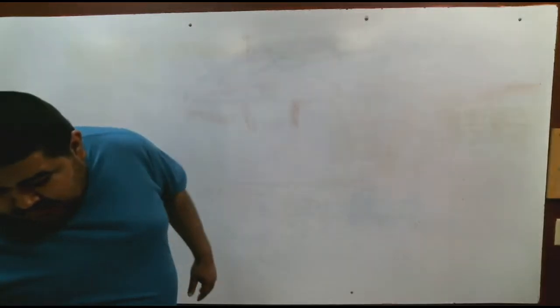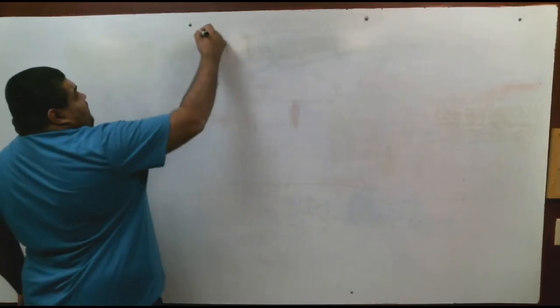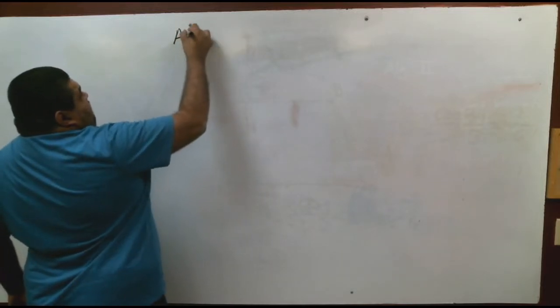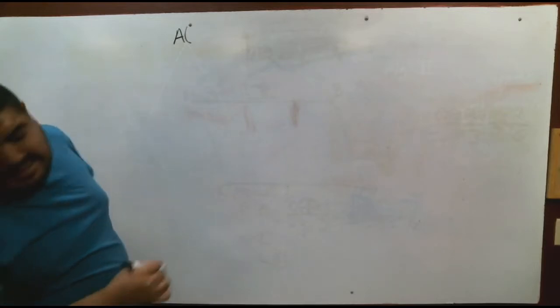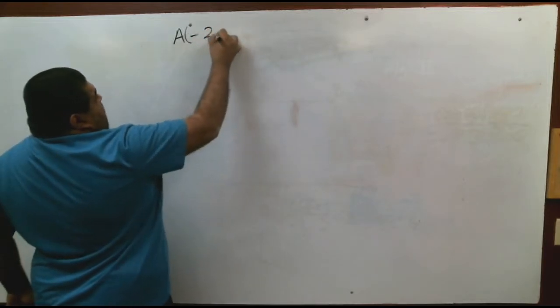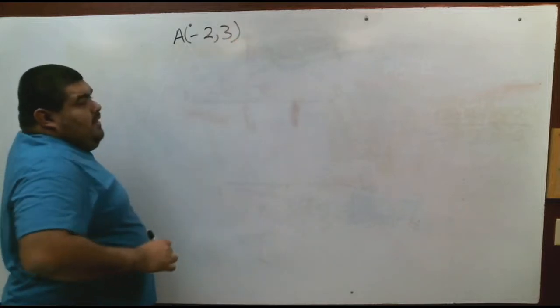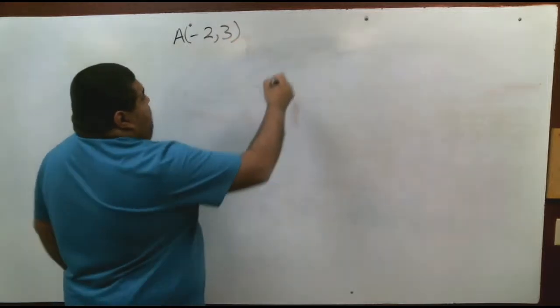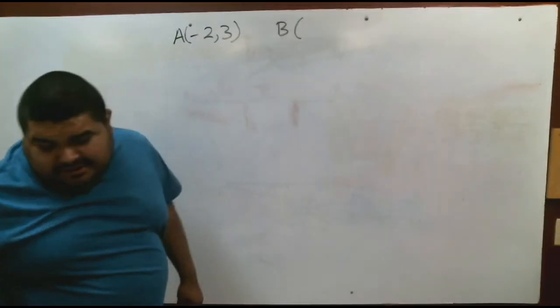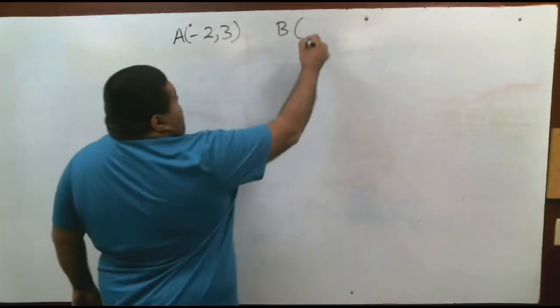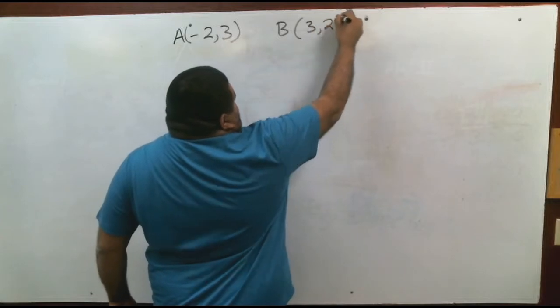We have 4 points. We have point A, which is located at -2 and 3. We have point B, which is located at 3 and 2.